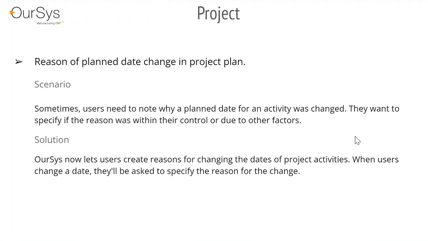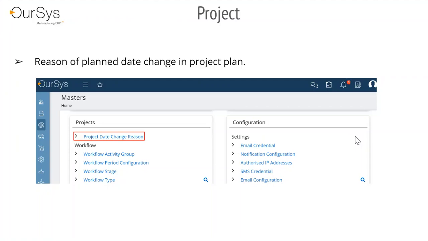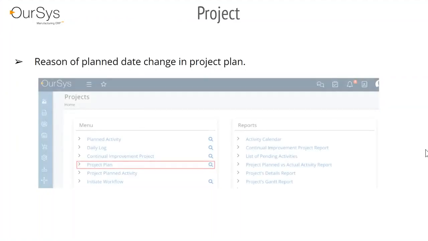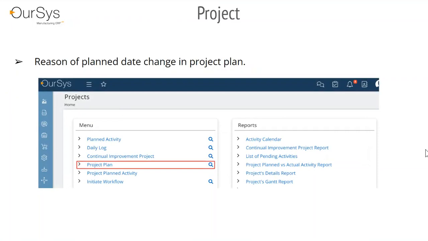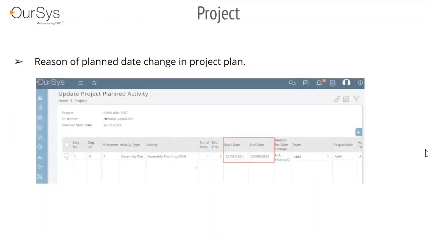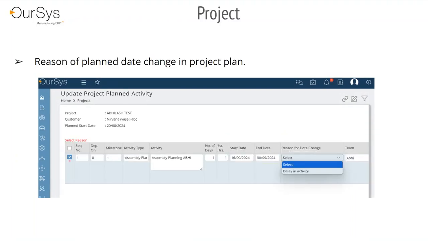Under the master, we have given a link called project date change reason, where you can create multiple reasons that can cause your project date to get delayed. Now, once the master is created, I'll go to the project plan. Here you can see I have defined the start date and end date. Once I change that, the system asks me what the reason for the date change is.